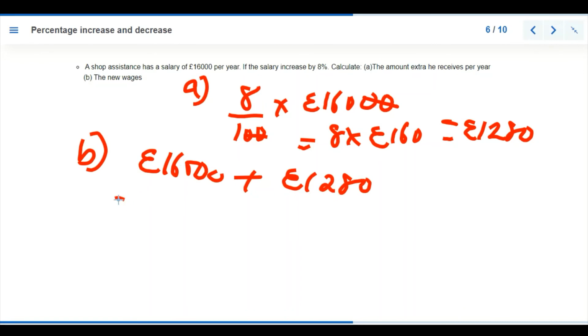By the time you add that together, the new wages is going to be 17,280. That's the new wages that the shop assistant is now collecting.